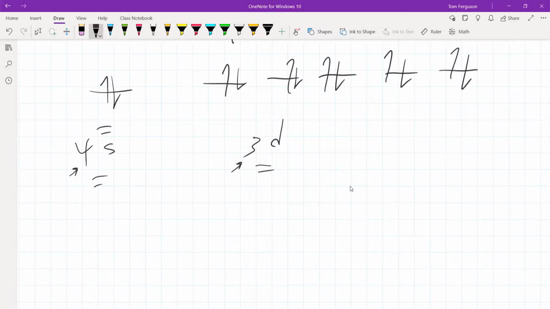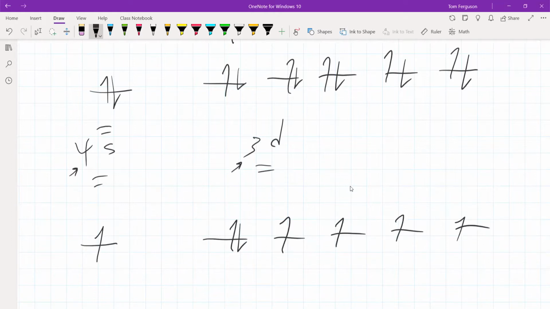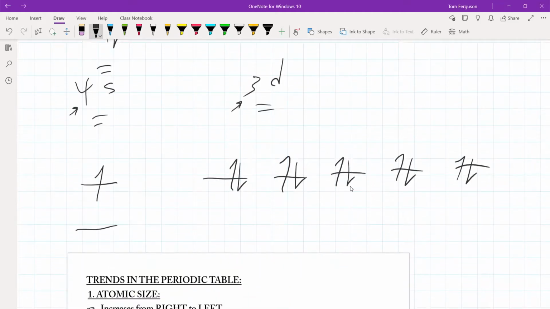Now, if we took 1, it would look like this. If we took 2, it would look like that.